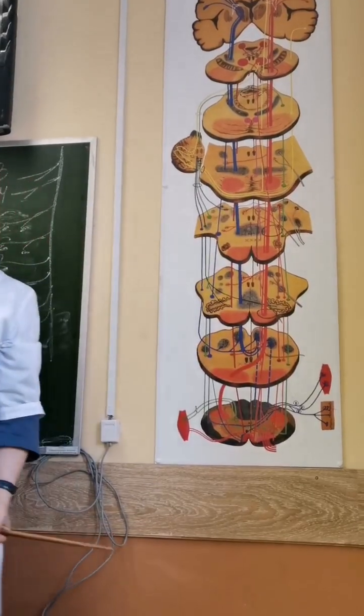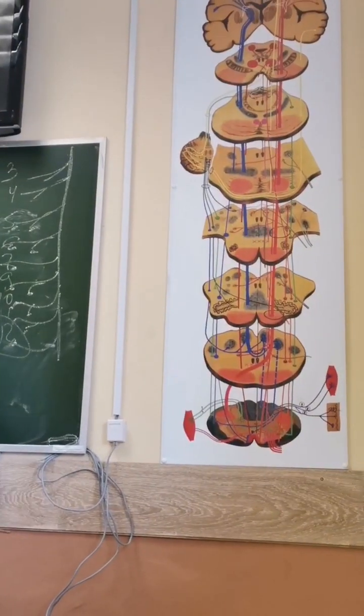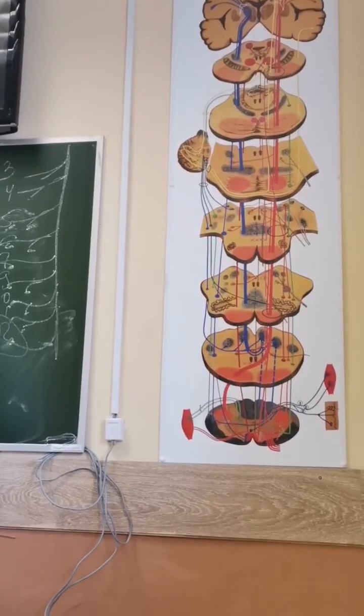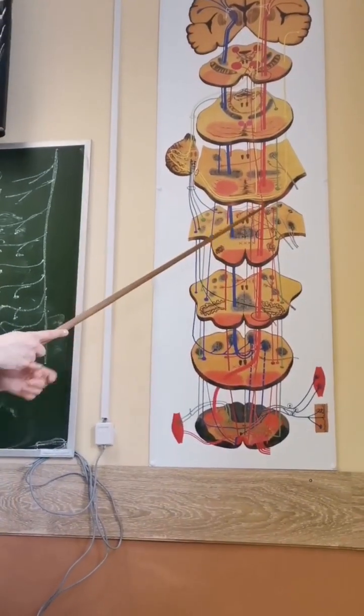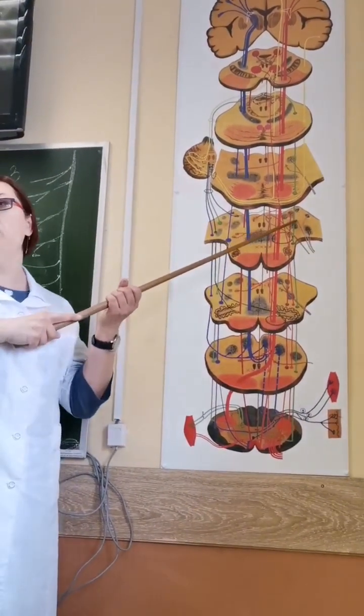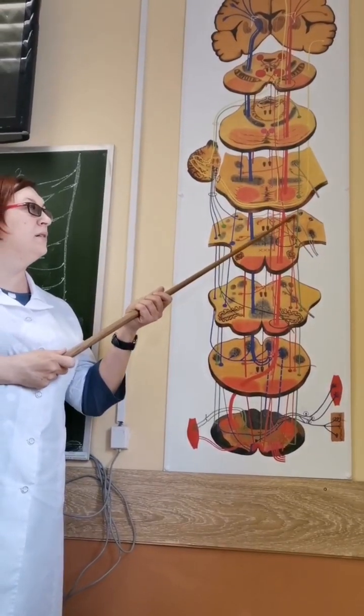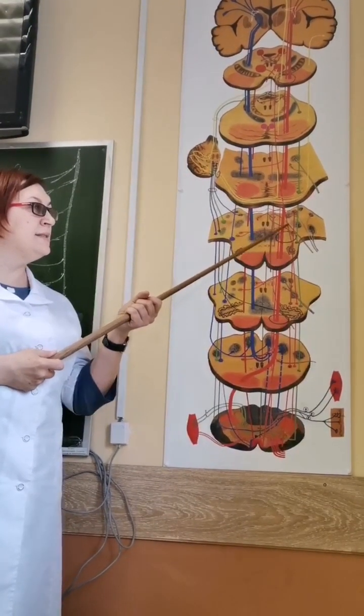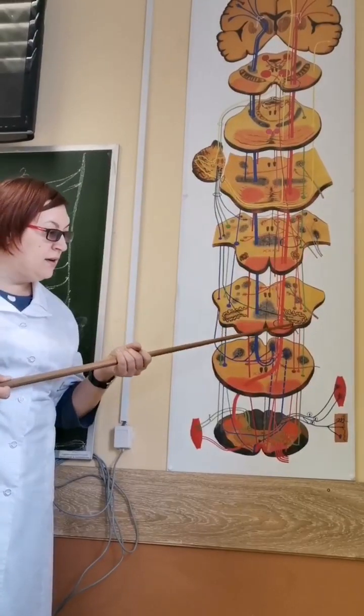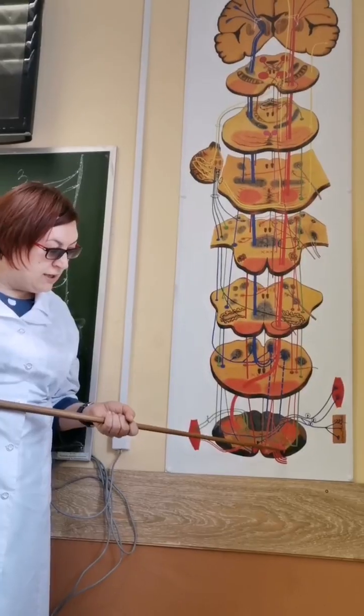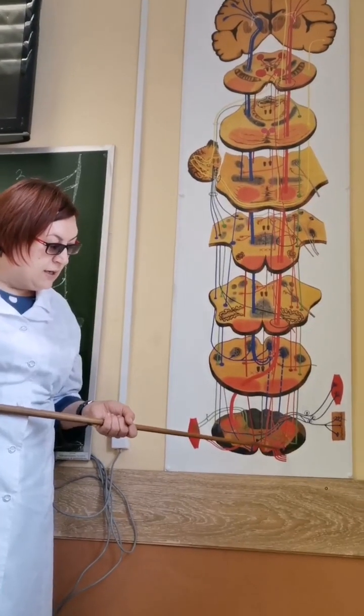And next, vestibulospinal. Vestibulospinal starts from the lateral vestibular nuclei. This tract descends and reaches the anterior and lateral funiculi.